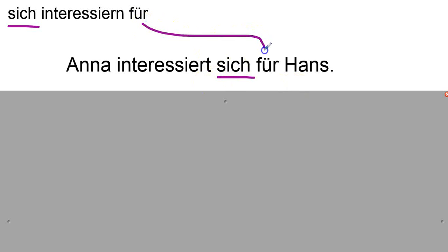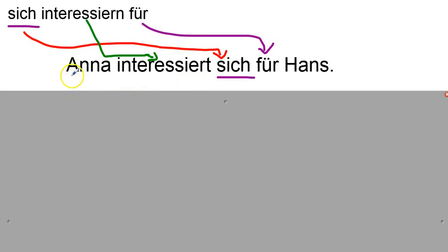All right. So these are all the elements that are part of that. First things first, we want to make sure that we conjugate our verb for the subject. So Anna is the subject. Ich interessiere, du interessierst, sie, es interessiert. So conjugate the verb. Next comes the direct object.